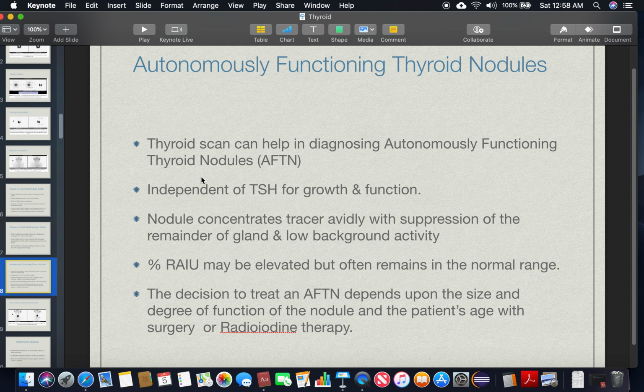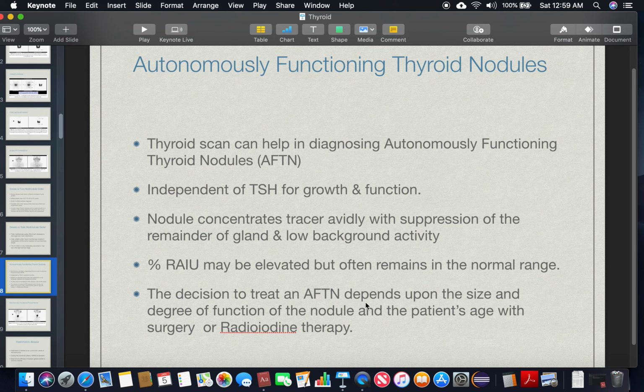Basically, here one nodule is working independently of TSH, and it is able to avidly absorb the radioactive iodine or pertechnetate, and it suppresses the rest of the gland. So you will see one high area of increased uptake and the rest of the gland being not visible or hardly visible.